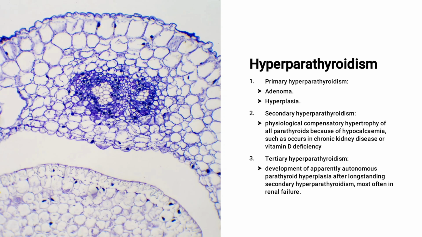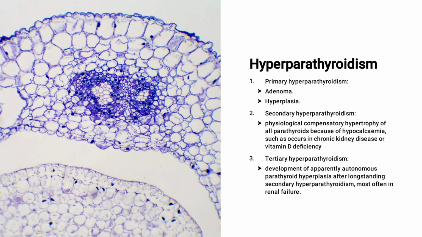And tertiary follows the secondary. So when the parathyroid tries to compensate for the kidney issue or the chronic kidney disease, what will happen after a certain period is that the calcium will increase and the parathyroid hormone will still be high.